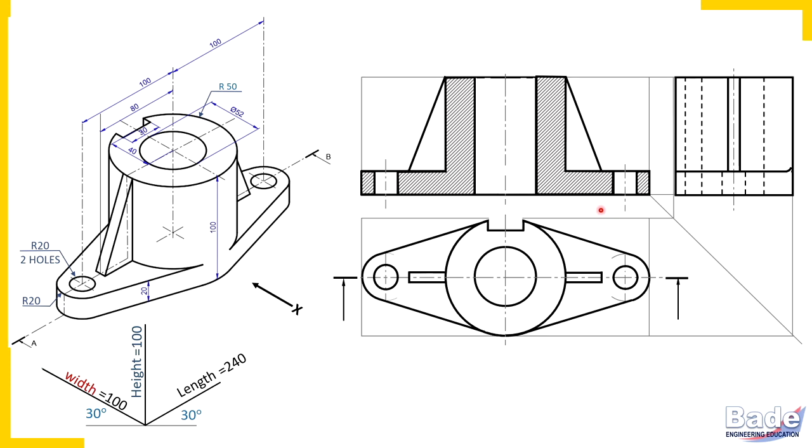Some hidden details get exposed because of cutting. We should make them visible in sectional view. Some hidden details remain hidden even after cutting. We need not show those hidden details. In short, you can say that there are no hidden lines, no hidden edges in sectional view.